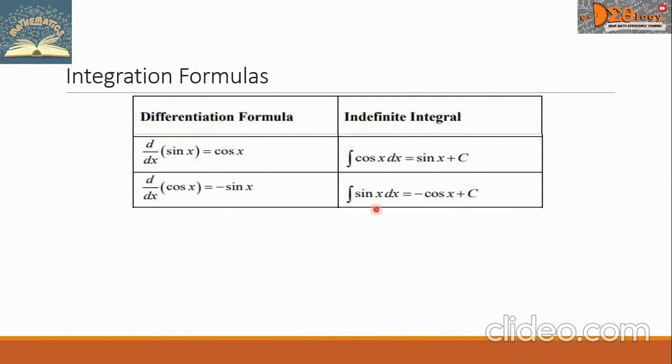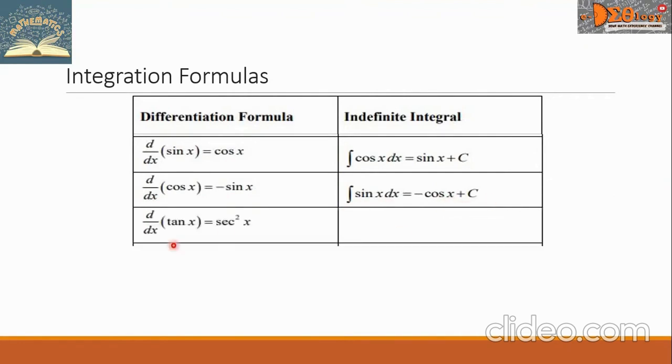The integral of sin x dx equals negative cosine x plus c. The derivative of tangent x equals secant square x. The integral of secant square x dx equals tangent x plus c.